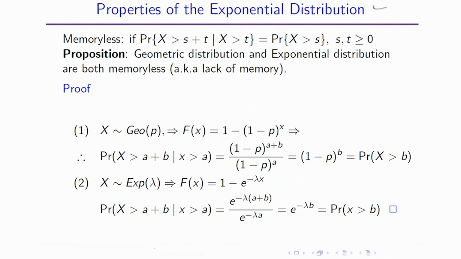Properties of the exponential distribution. First, we talk about the memoryless property. If a random variable X is memoryless, then it has to satisfy this equality: the conditional probability that X is greater than s plus t, given that X is greater than t, is equal to the probability that X is greater than s.